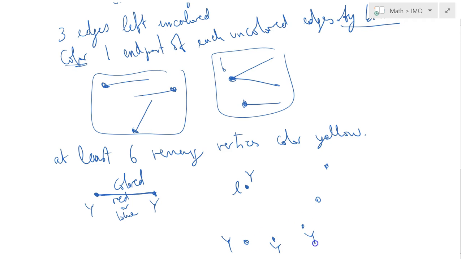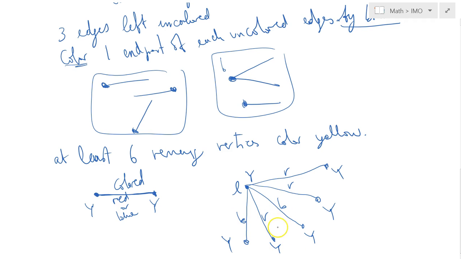Because we are connecting 2 yellow vertices, they are colored either red or blue, but because we have 5, it has to be clear that at least 3 of them are the same color, by the pigeonhole principle. So let's say 3 of them are red and 2 of them are blue.